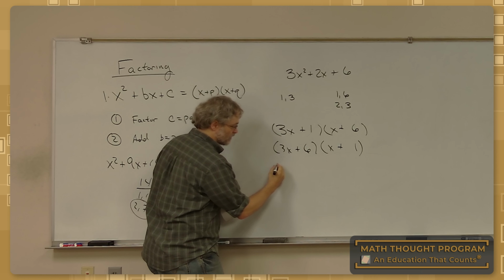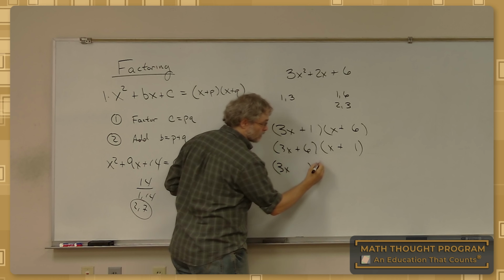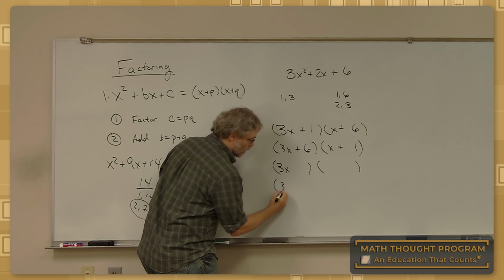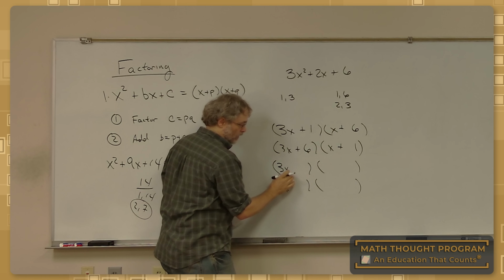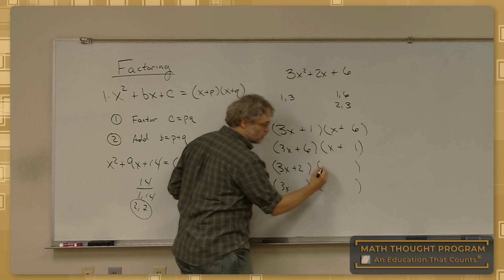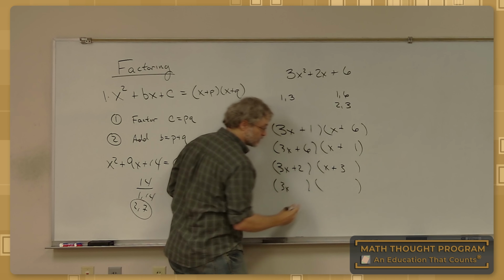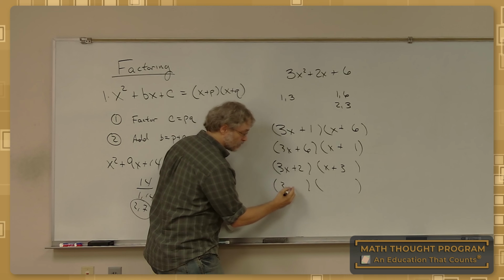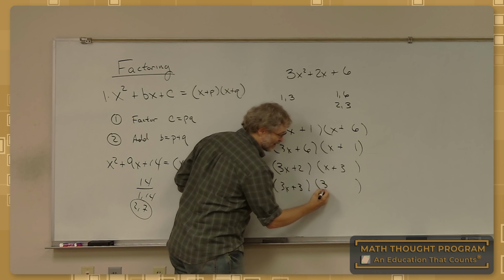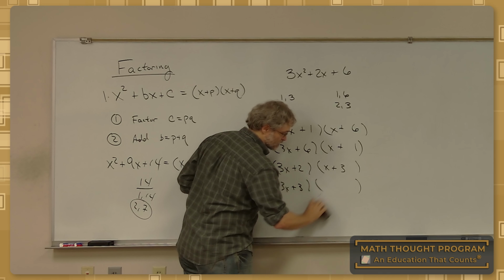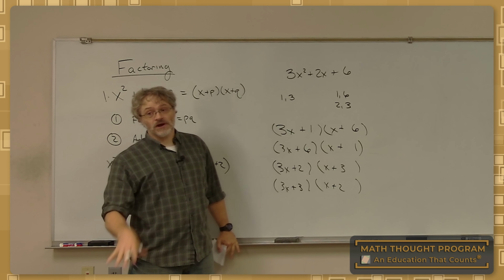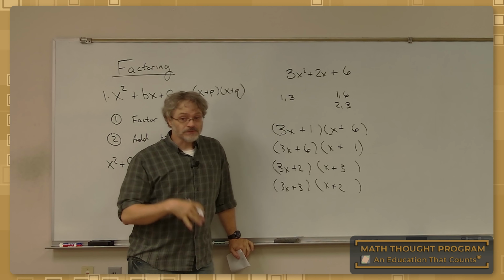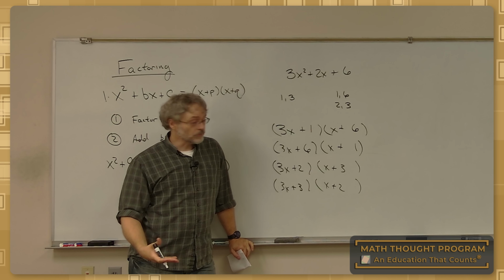And in a very similar fashion, I'll have 3x, x plus 3, or perhaps it's 3x plus 3 and an x plus 2. Now, again, use strategy. Make these problems a little bit easier, a little bit more manageable.